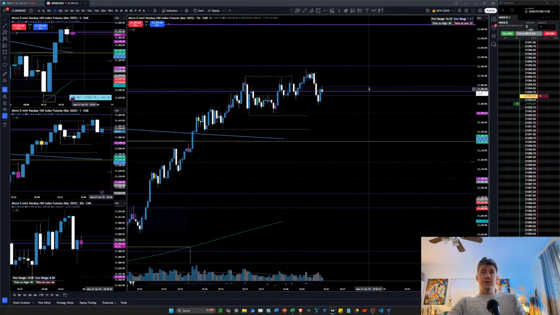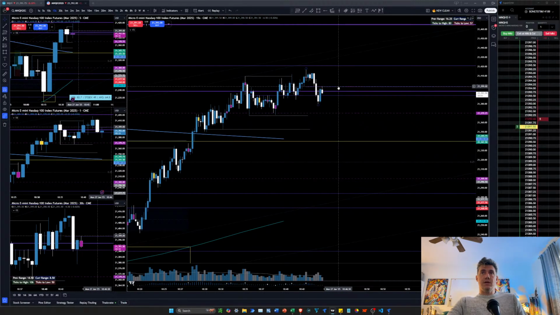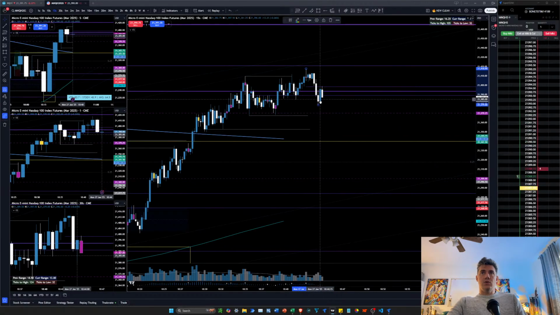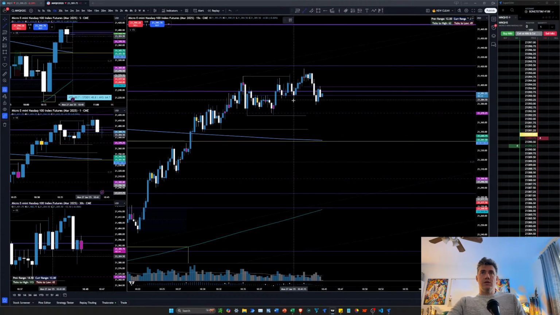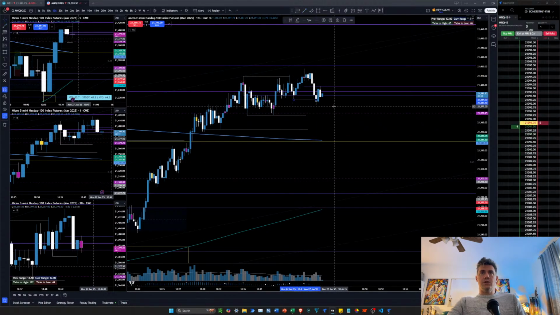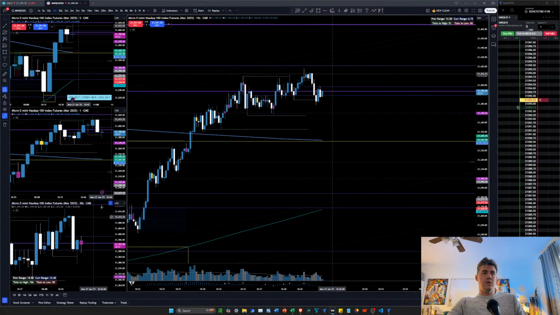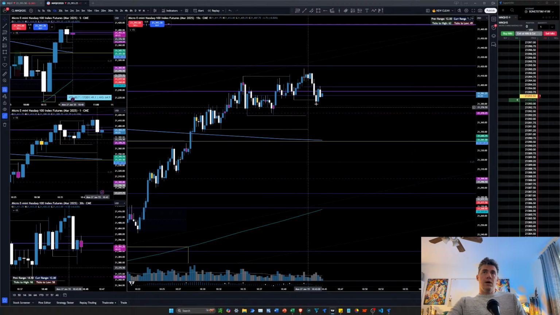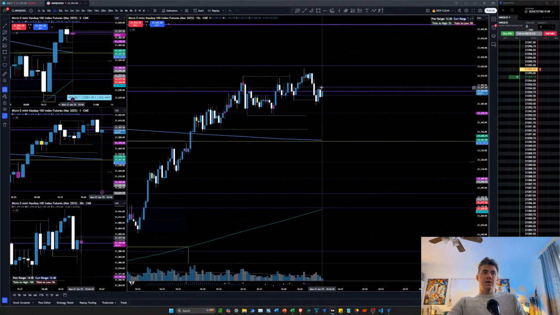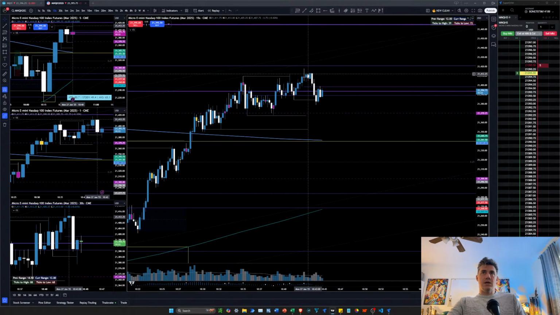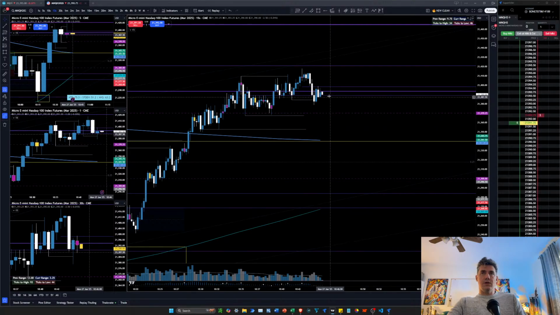We'll have to see if it wants to close down. All right, 50% of this range short. Is this displacement? Break of structure, change in state of delivery on the 15 second is very minute. All right, lower high, barely a lower high, second chance short signal on the 30 second.